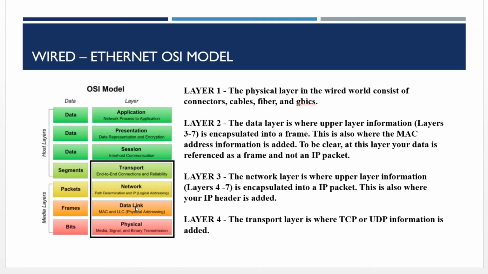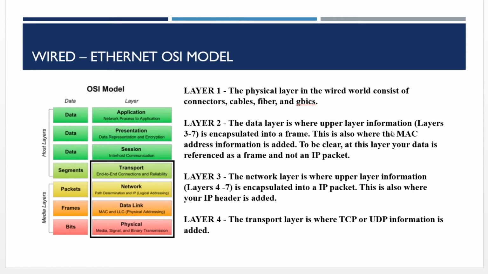The network layer is where the upper layer information is encapsulated into an IP packet right here. This is where all your IP header is added. The transport layer is where the TCP or UDP information is added right here. So the Ethernet OSI model is covered in layer 1, the physical layer. Layer 2, the data link layer, is where all the upper information is encapsulated into a frame.